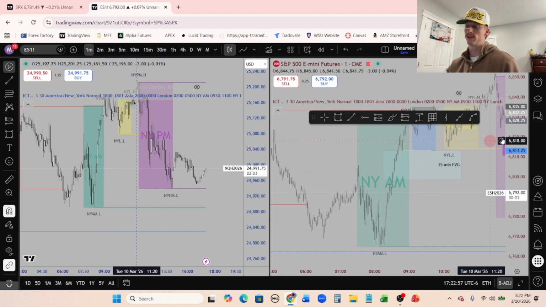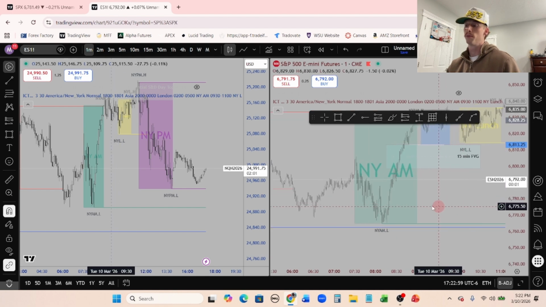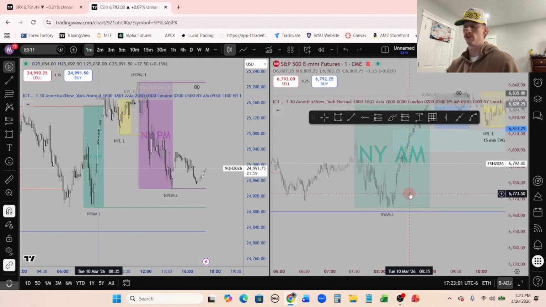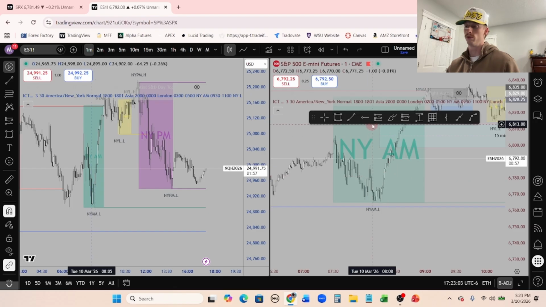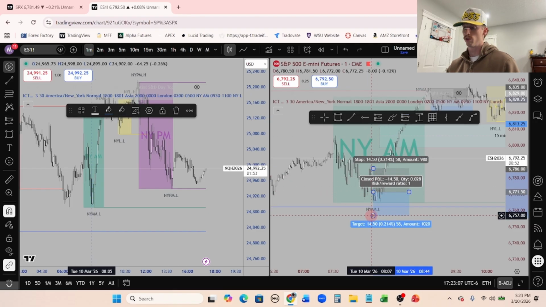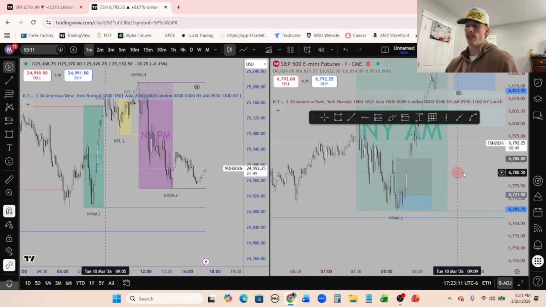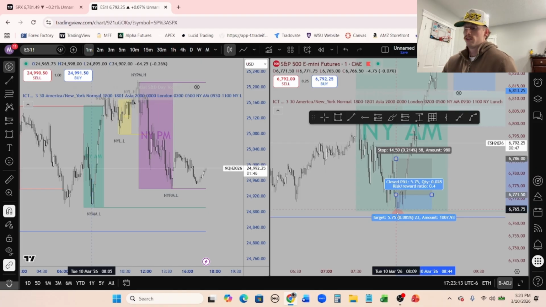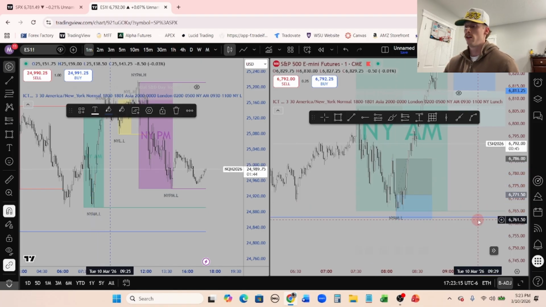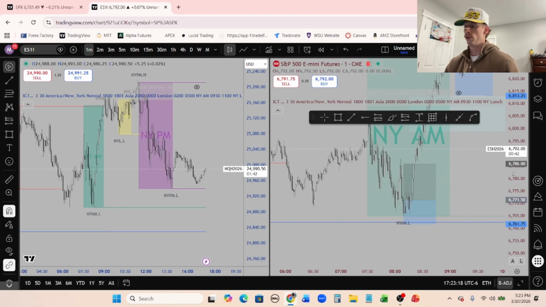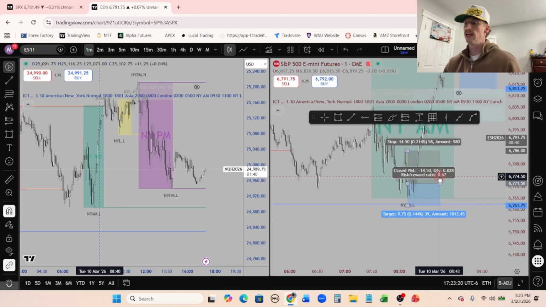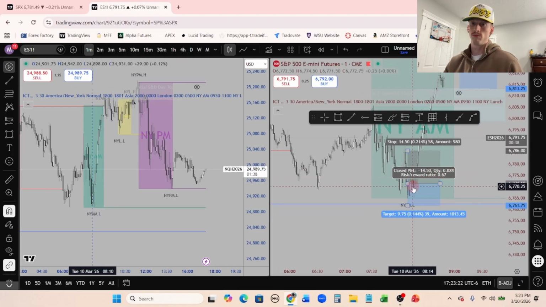I'm not blaming this on me sleeping in, but I do think that first trade was not the best trade. I felt FOMO as soon as I woke up, tried to hop in this little short right here towards these Asian lows. Terrible RR, and I paid the price. So it happens, and I think the best thing we can do is take responsibility for that silly mistake and just not do it again, right?